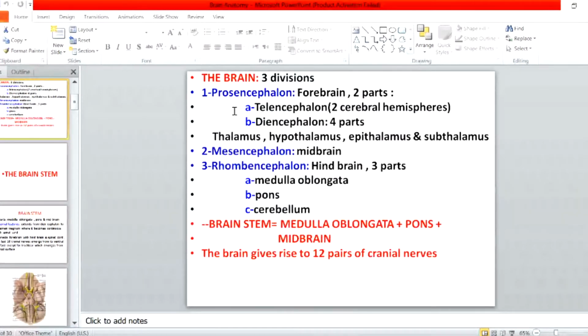The 3rd part is the hindbrain or rhombencephalon. It's formed of 3 parts: medulla oblongata, pons, and cerebellum.